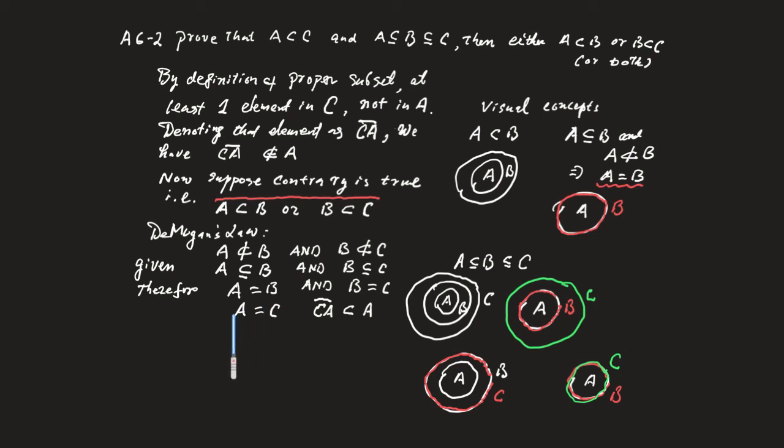If C equals A, then any element in C, including that particular one, c-naught, must belong to A.